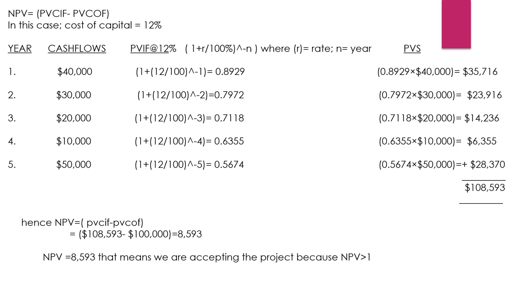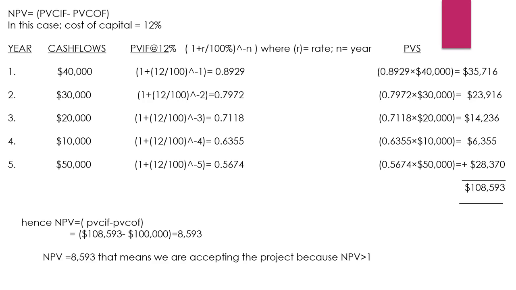Then the present value of cash inflow at 12% cost of capital, and the formula for getting the present value is the cash flow divided by (1 plus R over 100%) raised to the power n.